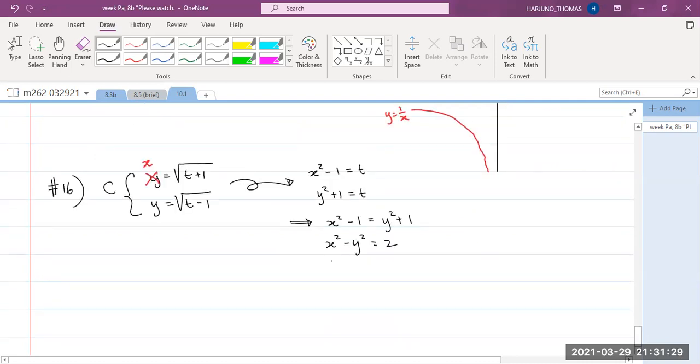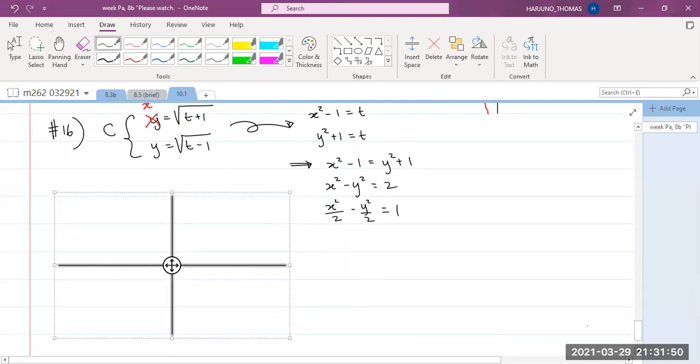This is the graph of a hyperbola; dividing by 2 gives us this graph. Let me do it down here.